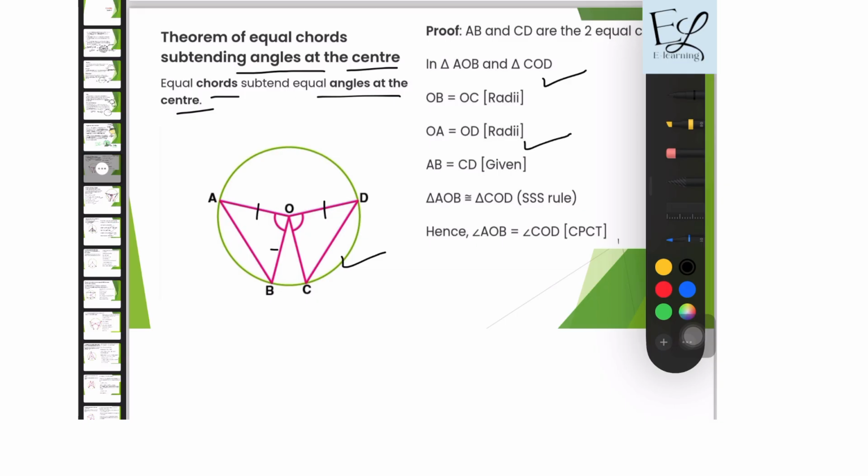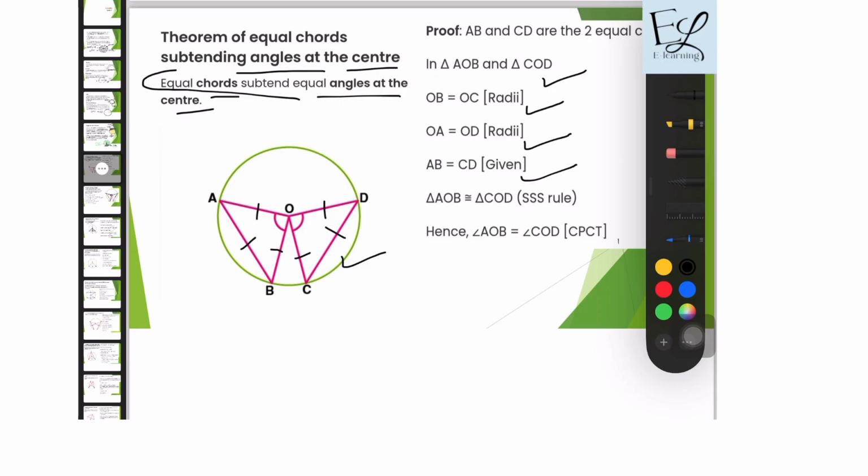Again OB and OC is also radius, so OB and OC is also equal. Two conditions are met, and the third condition is given to you in the question, that equal chords, that means AB and CD are equal, right?